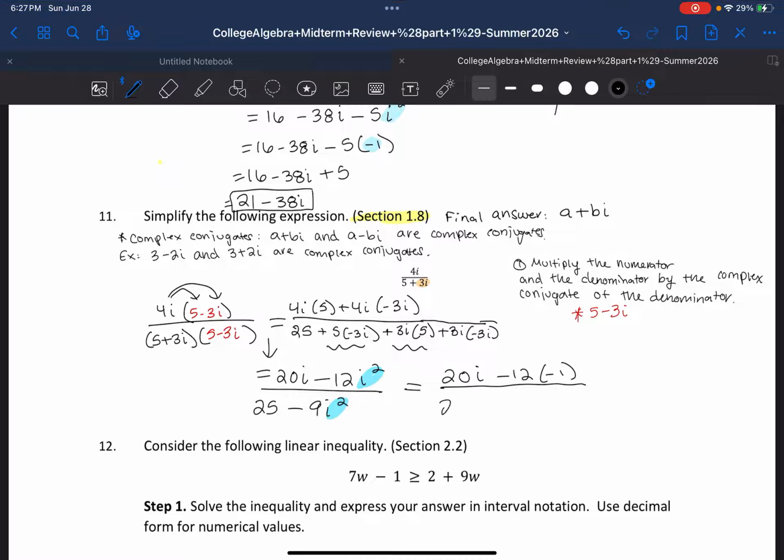Okay, and then on the bottom, this would be 25 minus 9 times -1. So that's what i squared is equal to. So I'm just replacing i squared with that. So now we get 20i plus 12 over 25 plus 9.